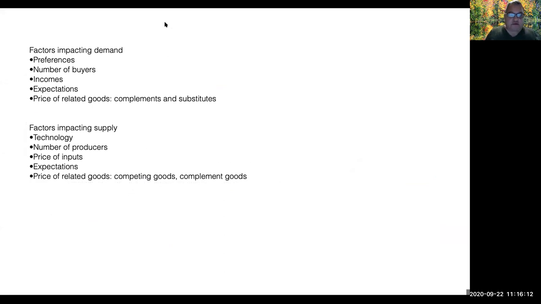Again, primarily we are going to be looking at how price affects demand, how price affects quantity demanded.